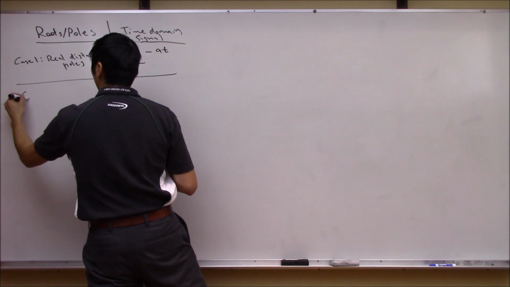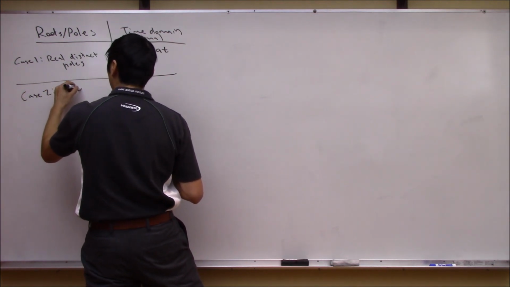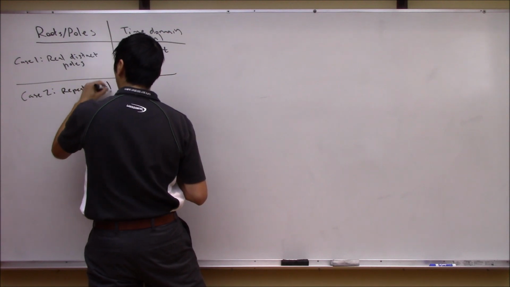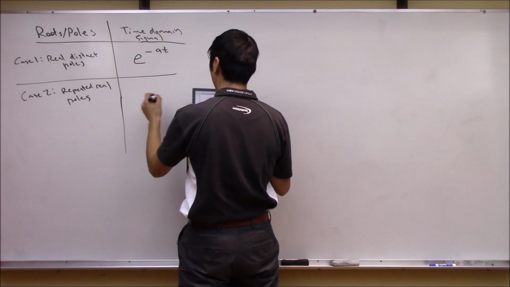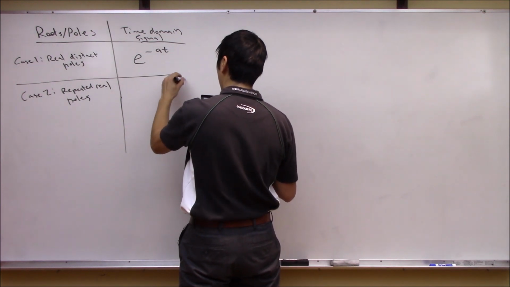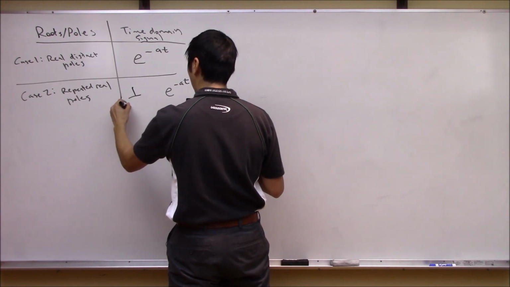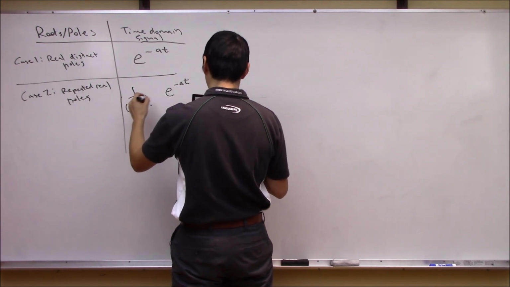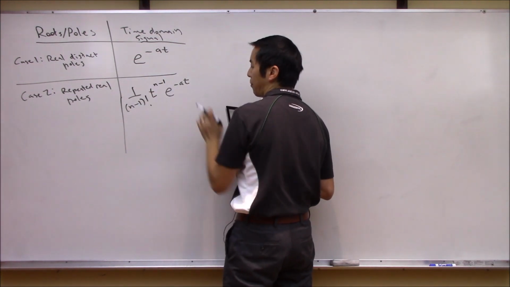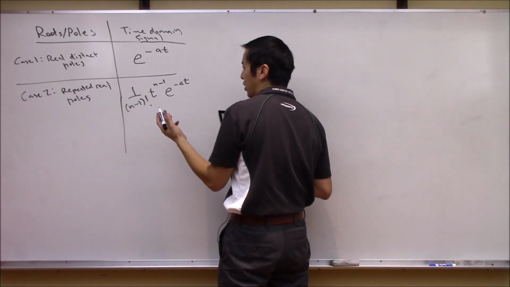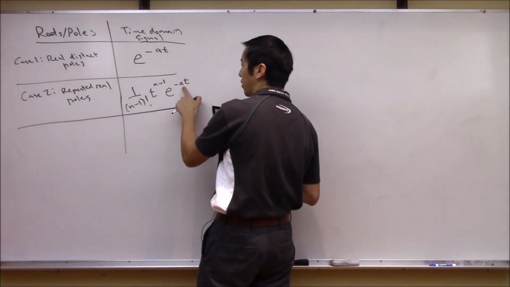Then the next row of our table, case 2, is repeated real poles. We saw that you still had the e to the minus at, but then there was a coefficient in front, something like 1 over n minus 1 factorial times t to the n minus 1. So you had a growing term multiplied by an exponential term, but eventually this thing died away, as long as the a was positive.